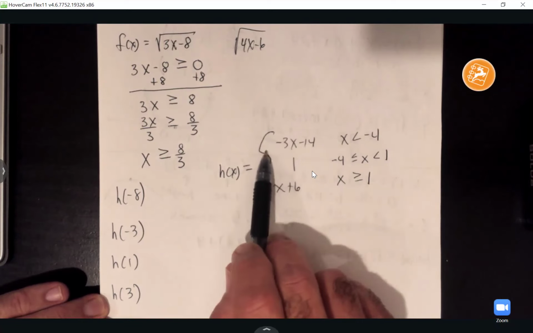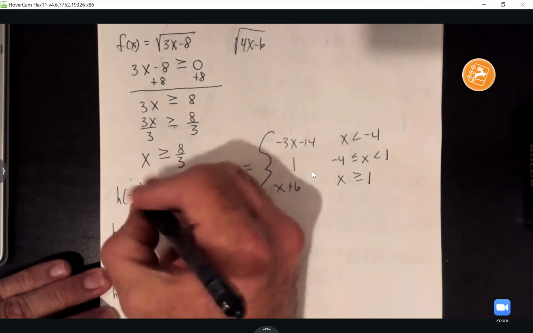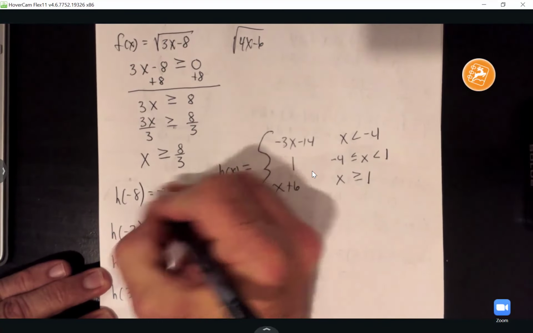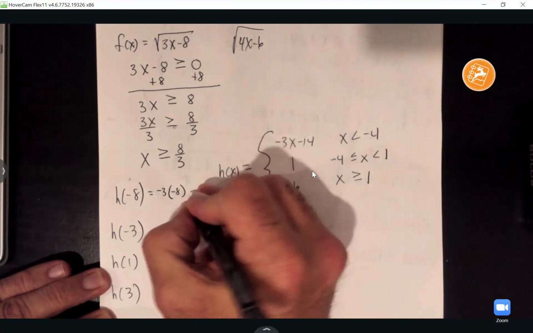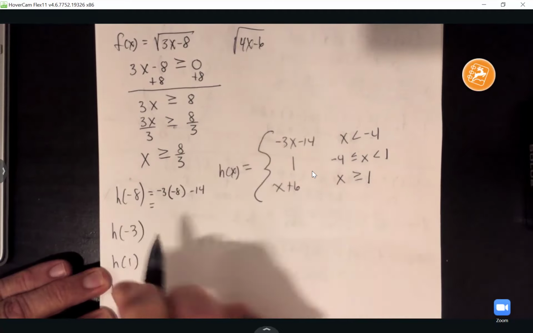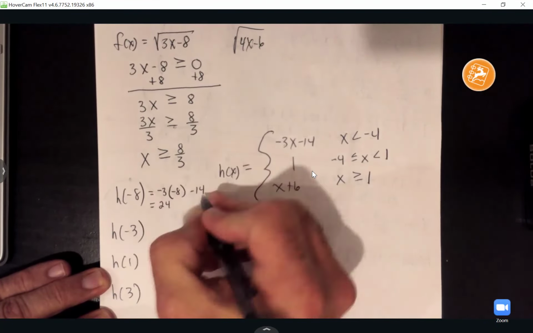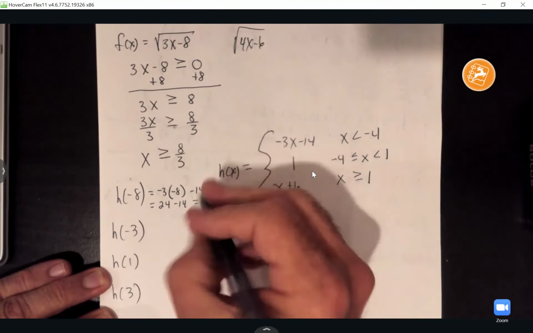So I'm going to use this equation and put a -8 in for the x. So this will equal -3 times that -8 minus 14. All right, so -3 times -8 is 24 minus our 14.